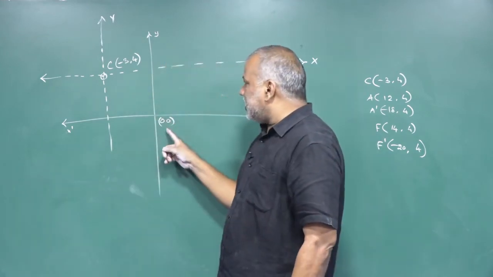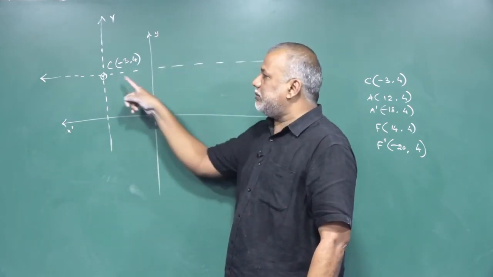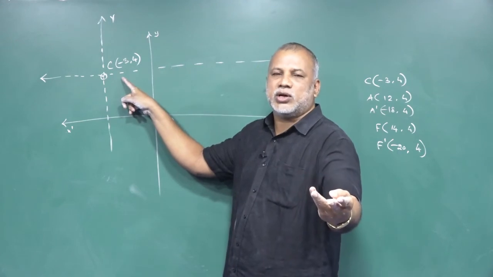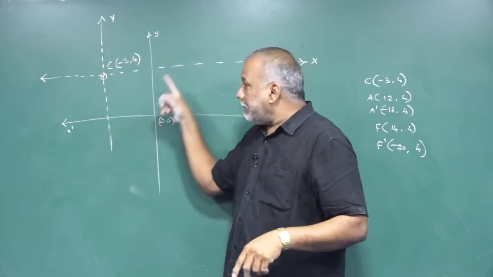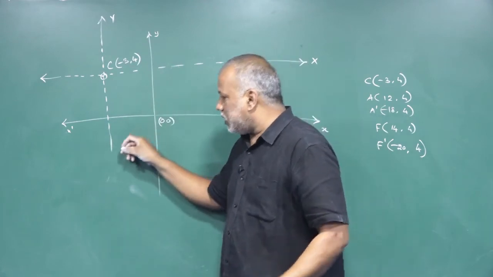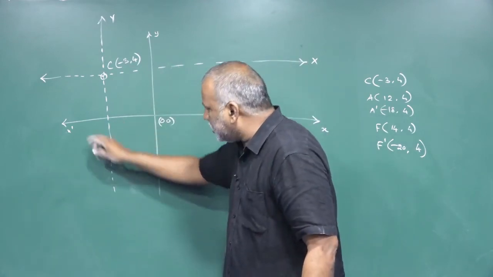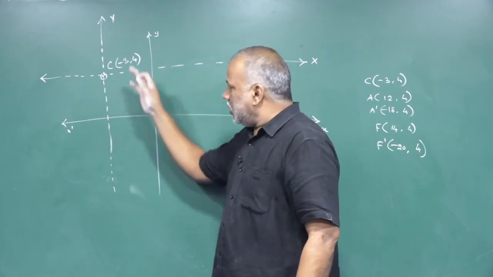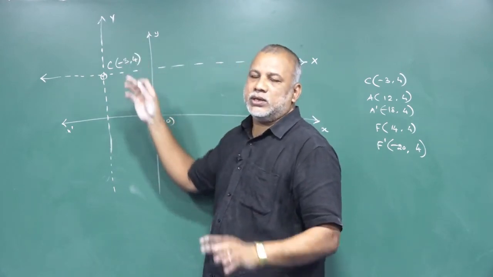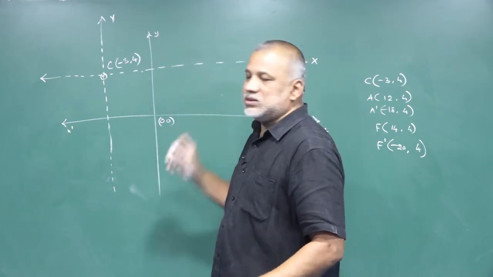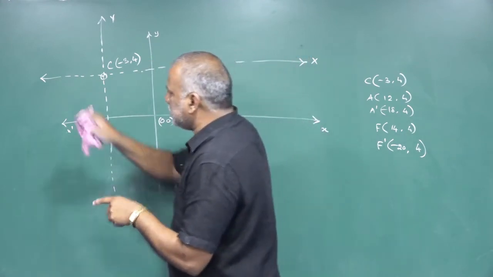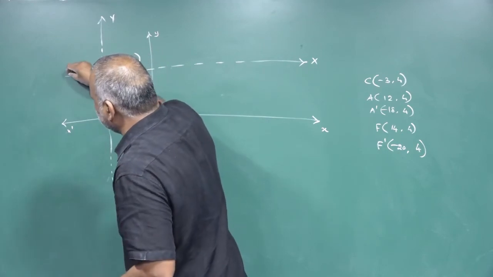So if the center is shifting from 0 comma 0 to some other place, generally h comma k, then take the new axes capital X and capital Y parallel to small x and small y. So already we have small x and small y. Now we need capital X and capital Y. So differentiate these two axes with the help of drawing dotted lines like this. So now see here, we need this.